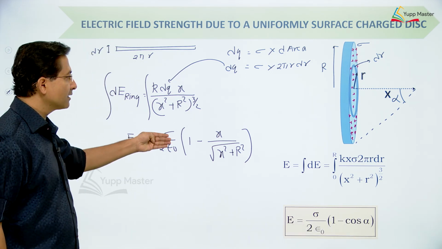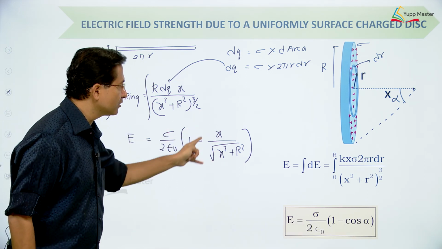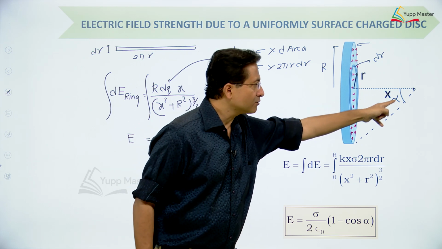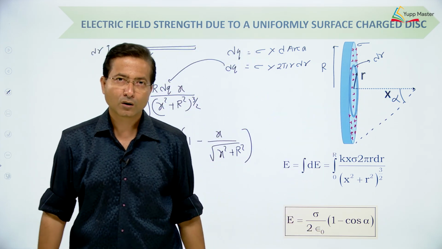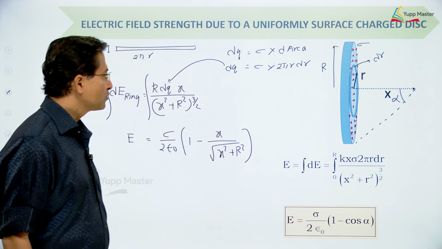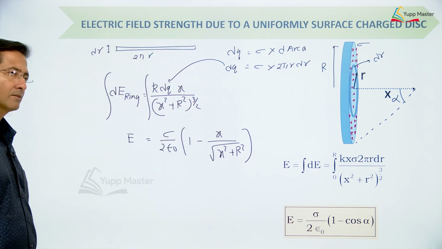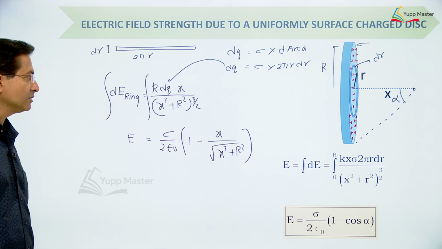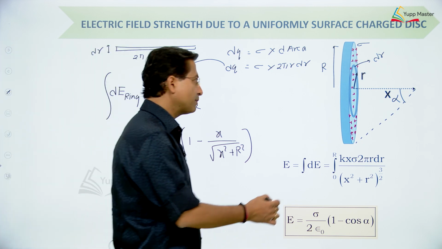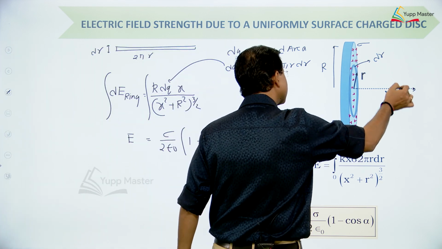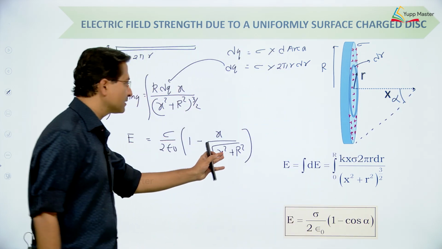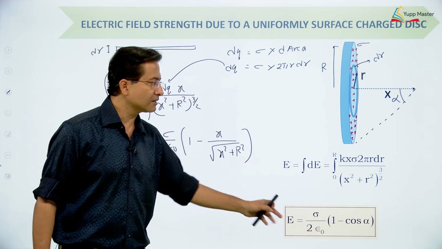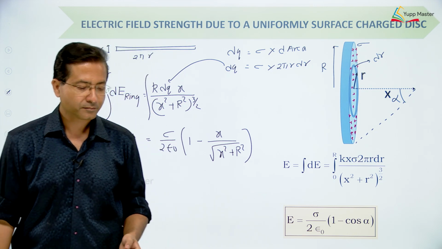If you substitute in terms of alpha, you can write sigma upon 2 epsilon naught times 1 minus cos alpha. So this is the field produced by a disc, easy to remember. Join this periphery to this particular point, this angle will be alpha, and we write 1 minus cos alpha. Instead of remembering the longer expression, it is easy to remember this one.